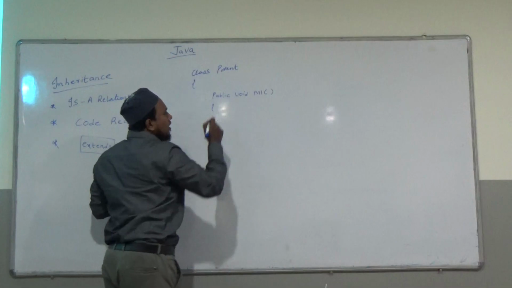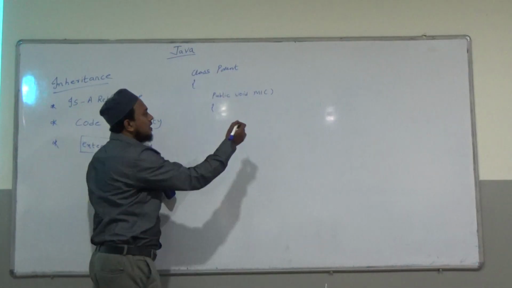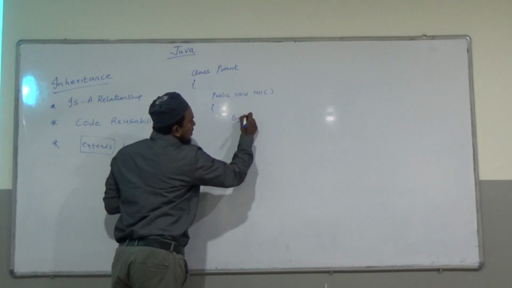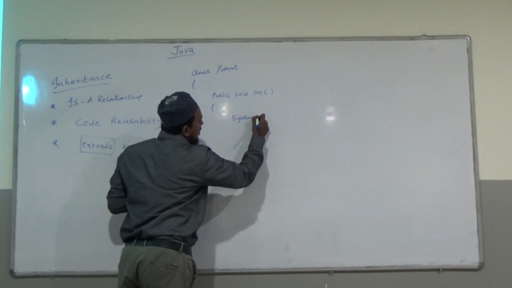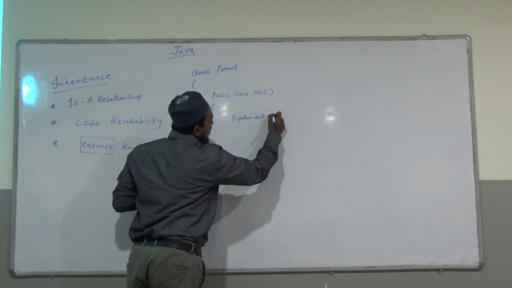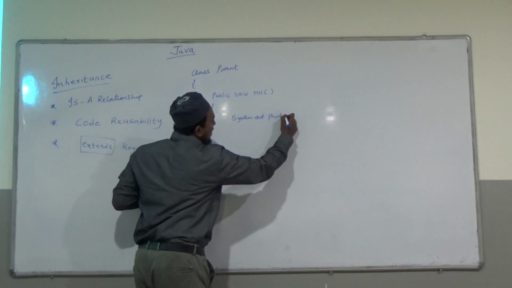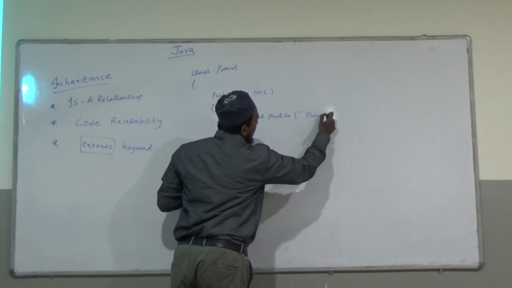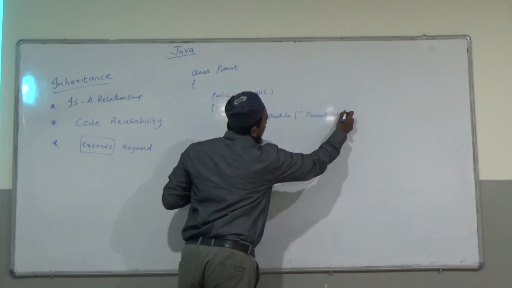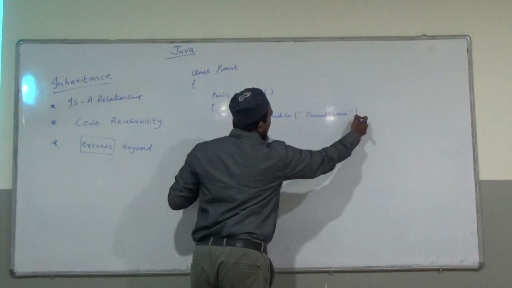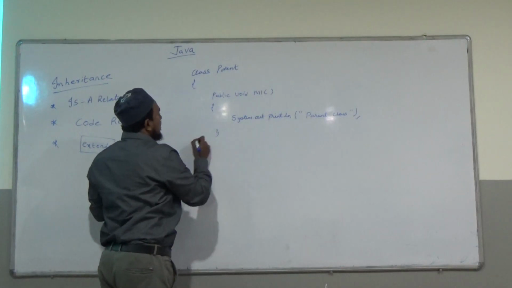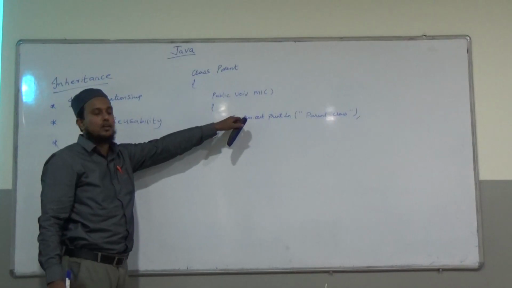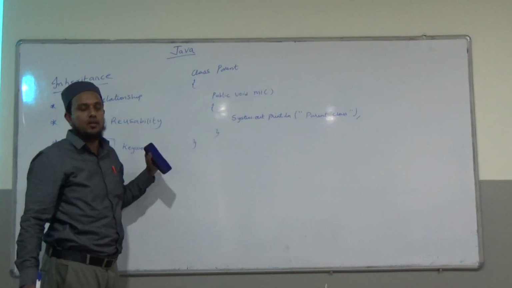In this I will print one statement, System.out.println, and I will write here, "parent class". This is my parent class. In parent class, how many methods are there? Only one method, that is M1 method.